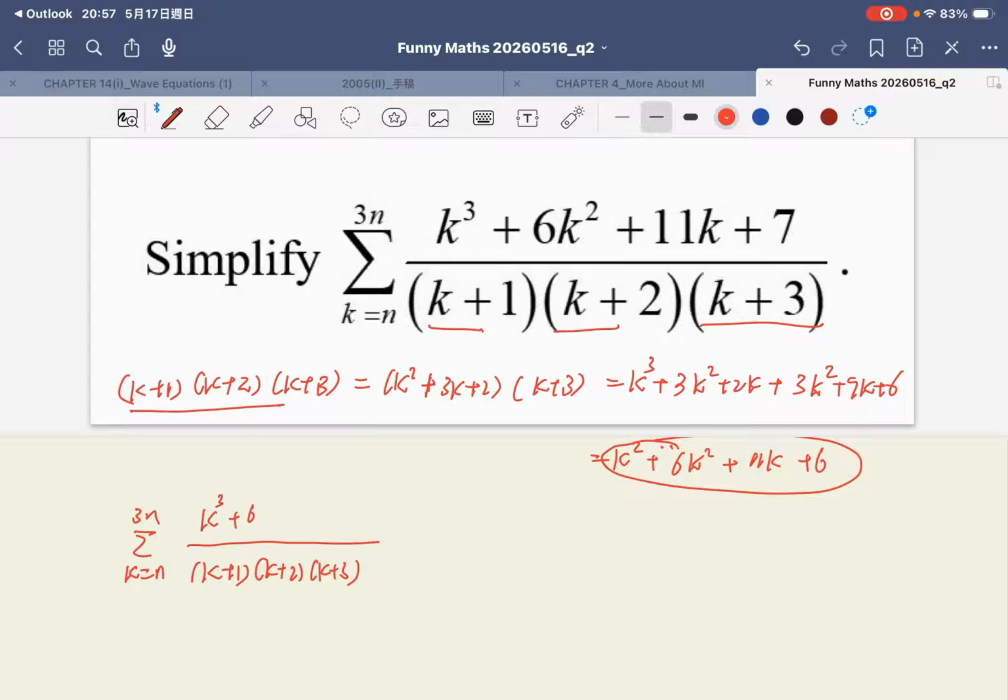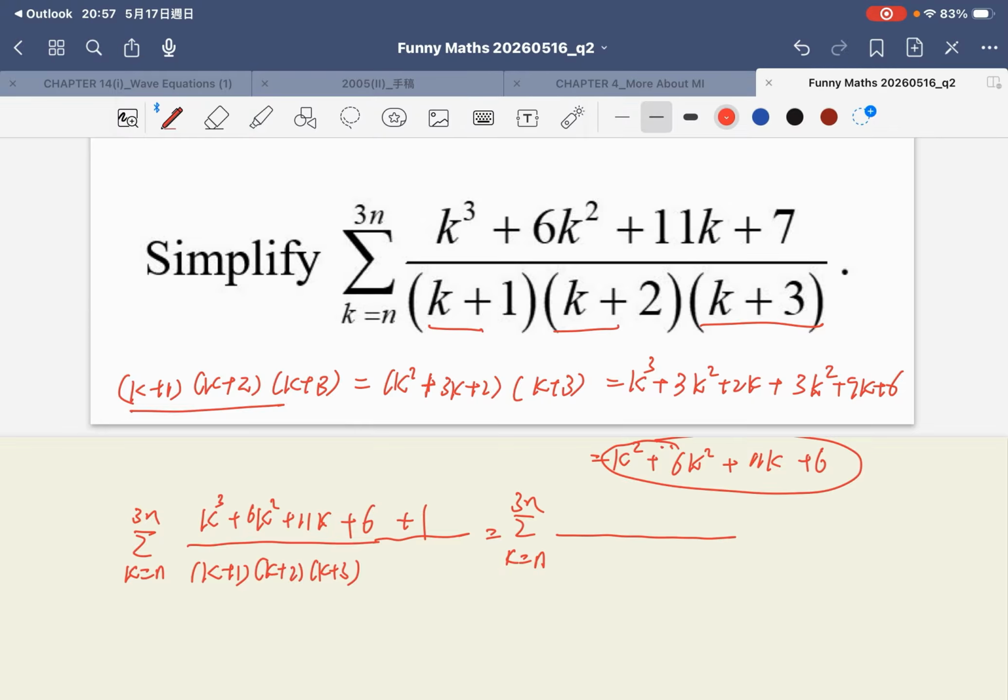This expression can be divided into two parts. One part is the 6 plus 6 and the other part is plus 1, so it can be separated into two parts.